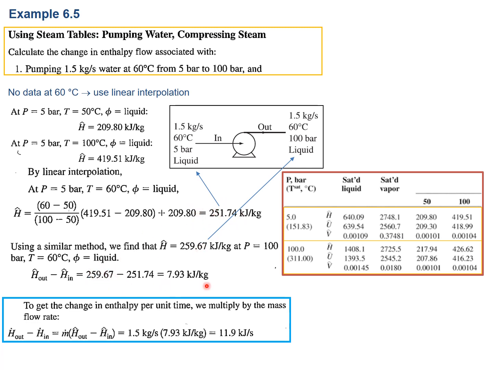So that is about 8 kilojoule per kilogram, and we want to calculate the energy flow instead of the specific energy change. So we multiply the difference by the mass flow rate, 1.5 kilogram per second. Finally we obtain the value 12 kilojoule per second. That's it.